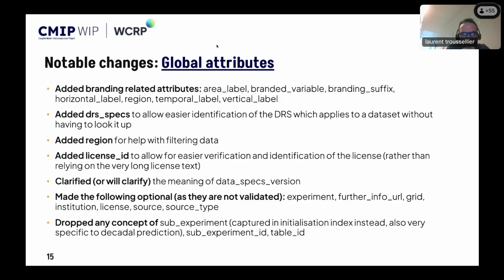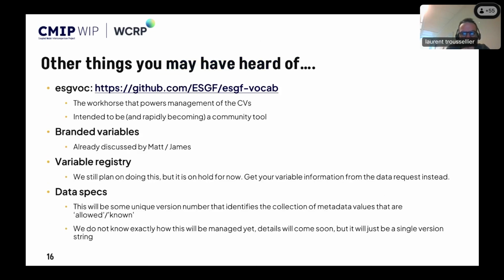Next slide. All other things you may have heard of if you look for CV and such. ESGVOC is a library that is developed to interact directly with the CV from your local laptop, because all the CV are hosted on GitHub to be able to be public and transparent.